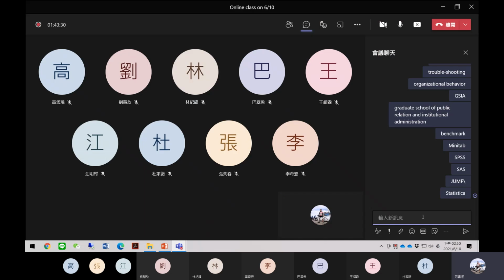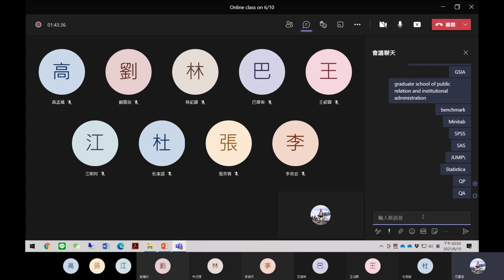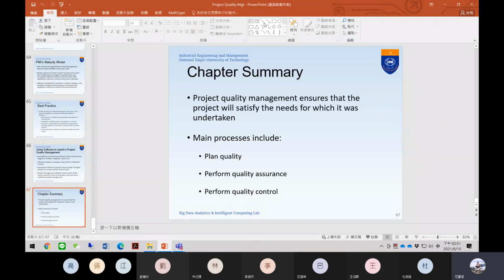It is known that QP, quality planning, and QA, assuring it is correctly done and correctly accomplished, and QC to maintain or sustain it throughout a moderate period of time. So QP, QA, and QC. Okay, I think I'm done.